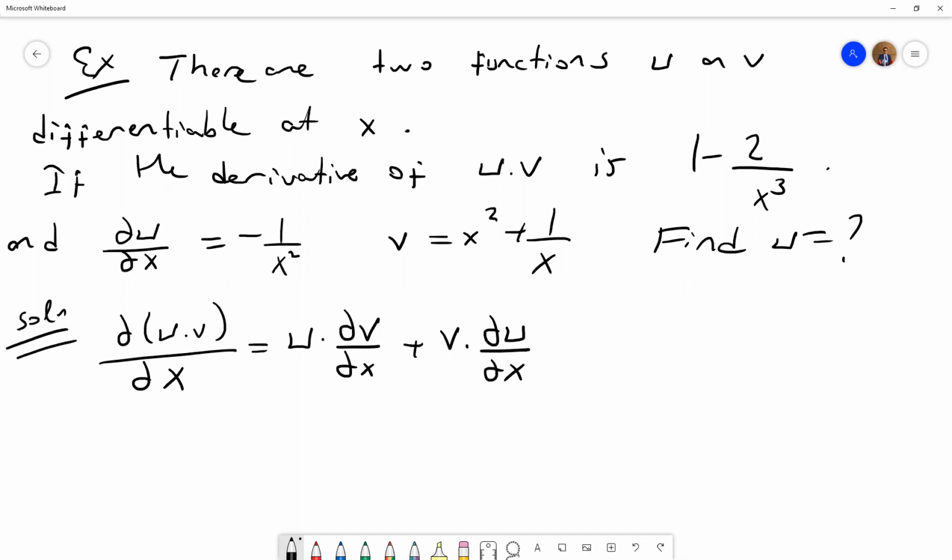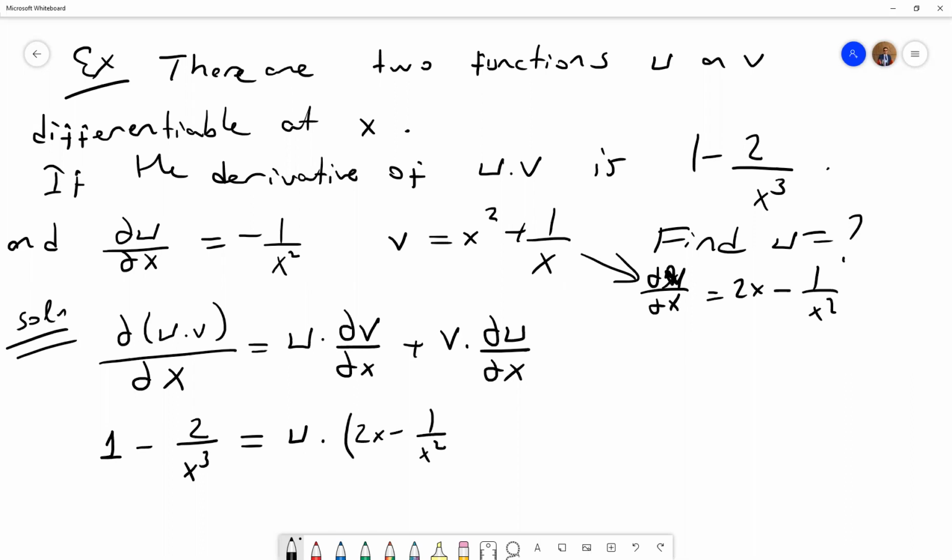The left part of the equality is given as 1 minus 2 over x cubed. We don't know u, but we know dv over dx. Of course, we can find it from here. dv over dx is equal to 2x minus 1 over x squared. It is easy. And v is equal to x squared plus 1 over x, and we also have minus 1 over x squared as du over dx.